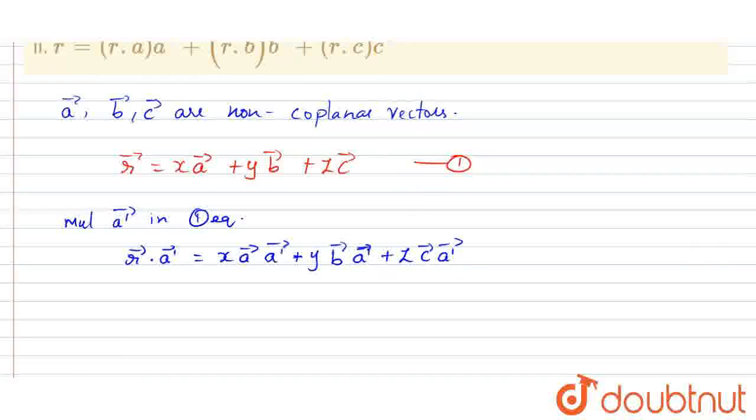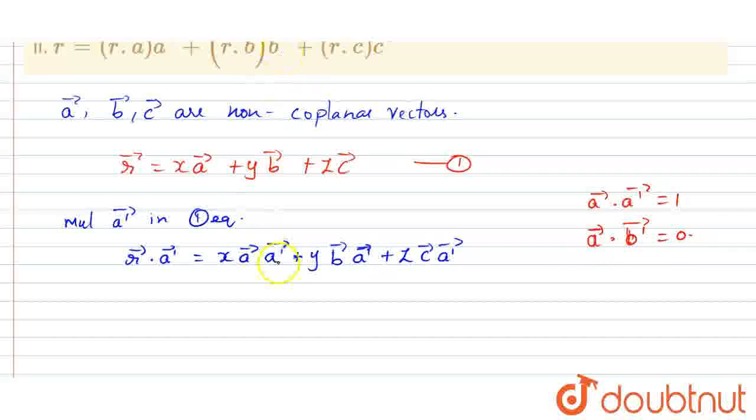Now the general formula I'm going to write here. A vector dot A dash vector is equal to 1, but for the opposite term, A vector dot B dash vector is equal to 0. So opposite term means it is 0, the same term means it is 1.